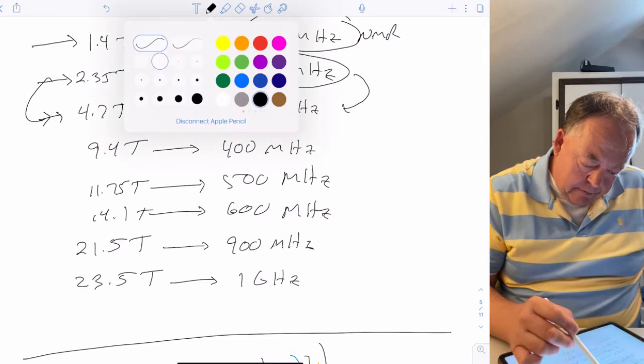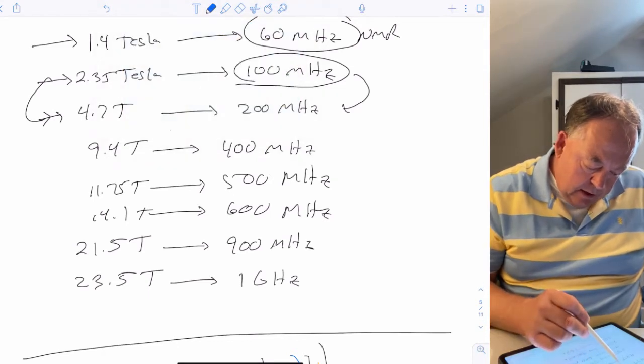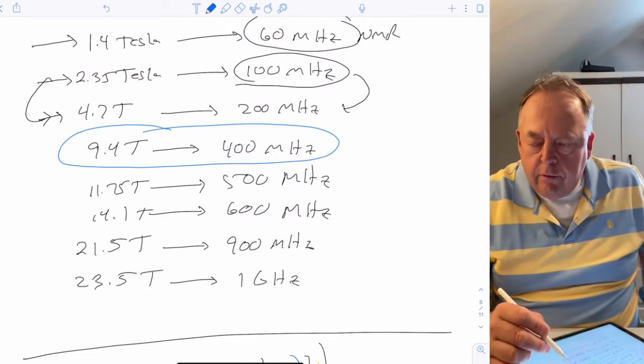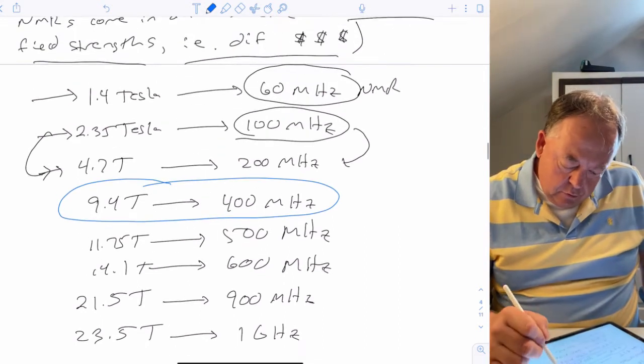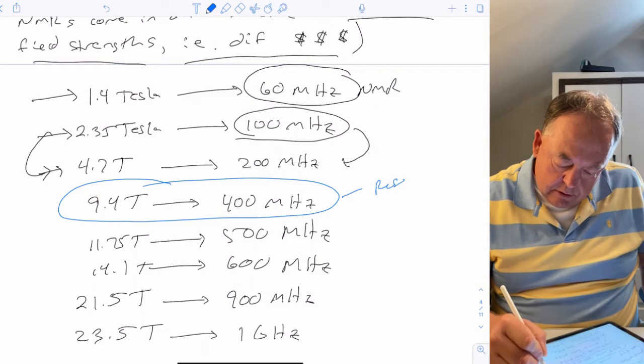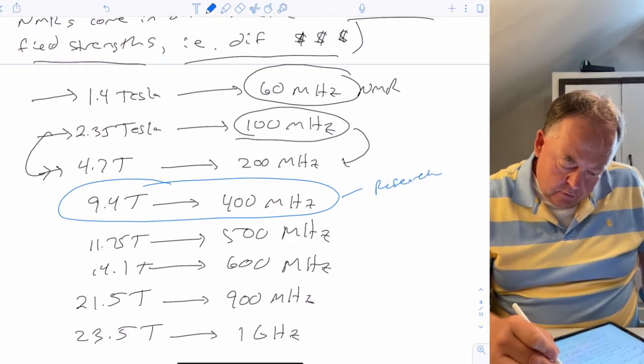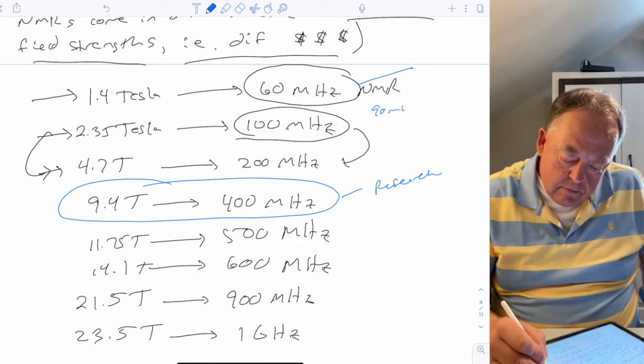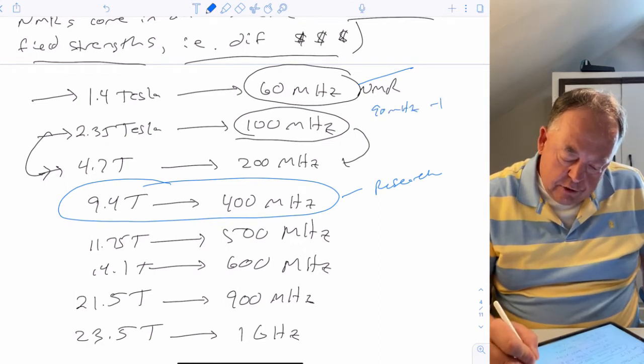So A&M Commerce has 2 NMRs. We have a 400 megahertz NMR, so its magnetic field is 9.4 Tesla. We use that for research purposes. And then we have a 90 megahertz NMR, which we use in the teaching lab.